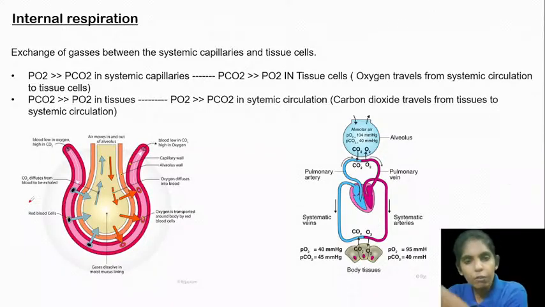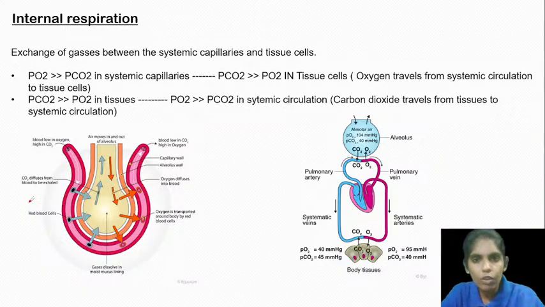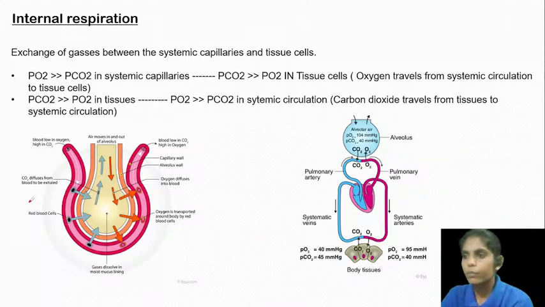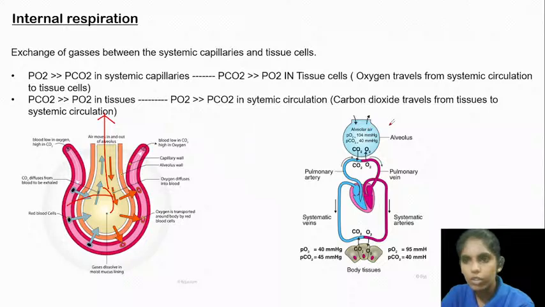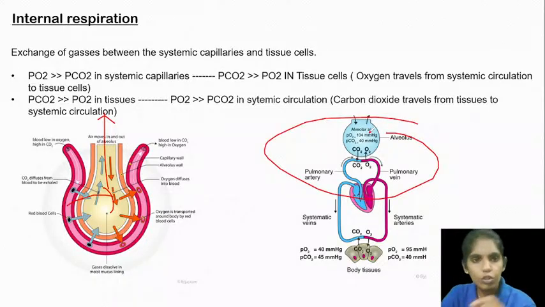This carbon dioxide from the tissues will enter into the blood circulation and then into the alveoli and into the atmosphere. So these are the different partial pressures. The partial pressure of oxygen is 104 millimeter of mercury, whereas the carbon dioxide partial pressure is 40 millimeter of mercury in the alveoli.